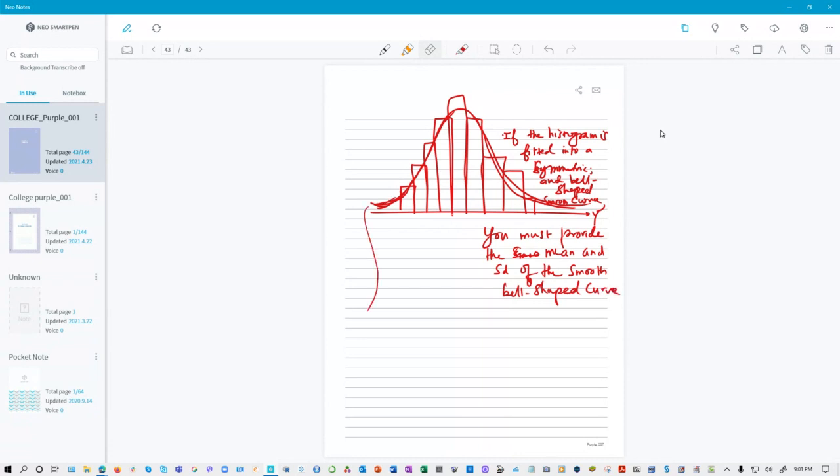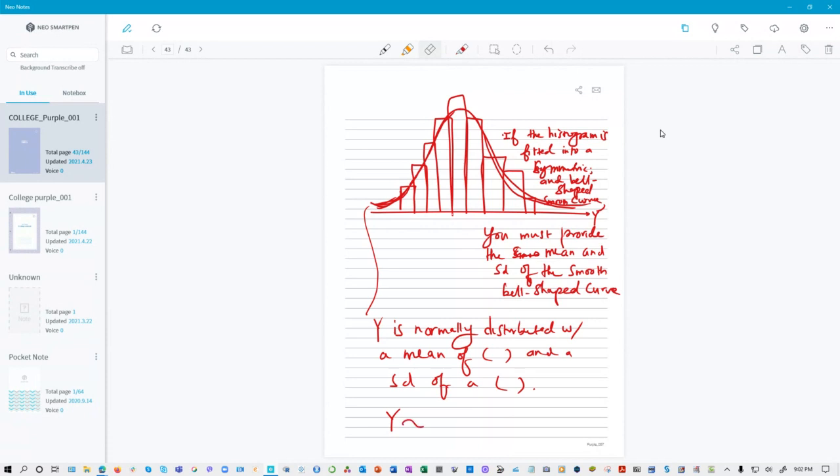That means you can say y is normally distributed with a mean of some value and a standard deviation of a certain value, whatever value you put over here.